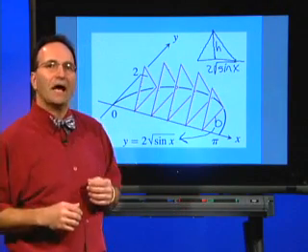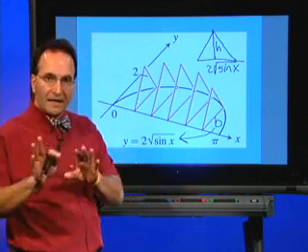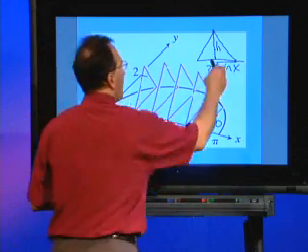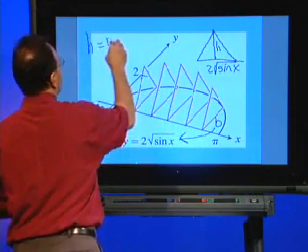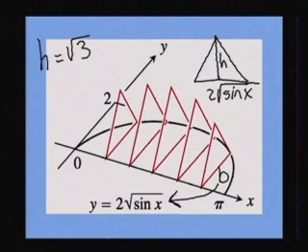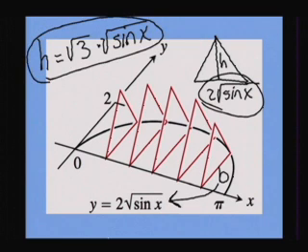All right, let's find out how you did on this particular problem. I'm on this screen because you had to calculate the height, and I hope that you found that the height was equal to the square root of 3 times the square root of sine x. And so now we have the base and we have our height, so we can set up our integral to find the volume.